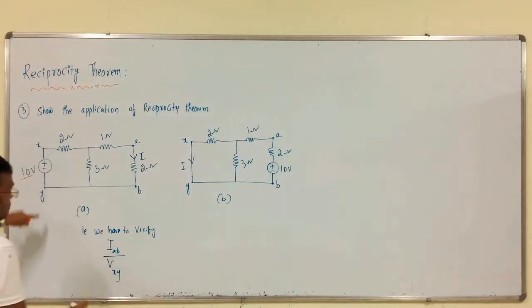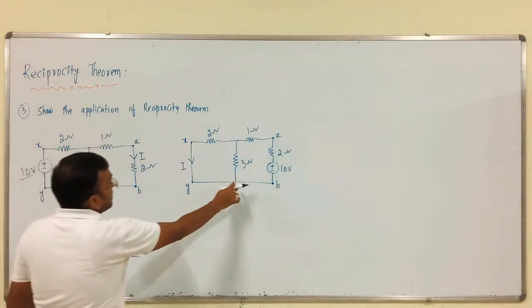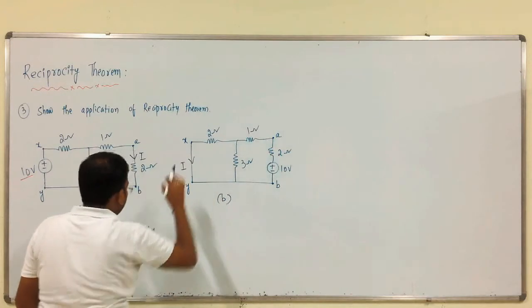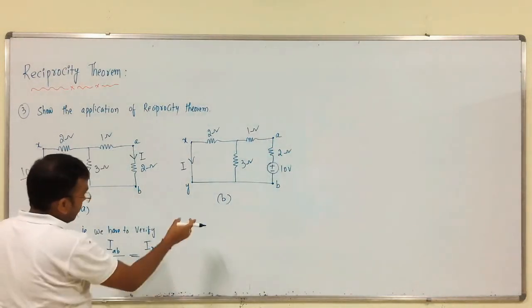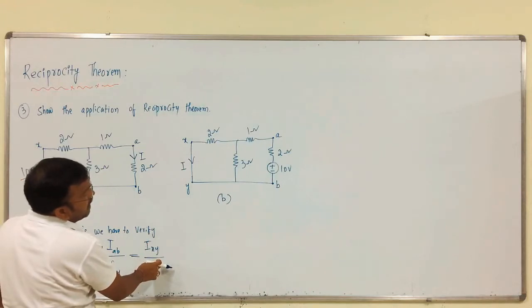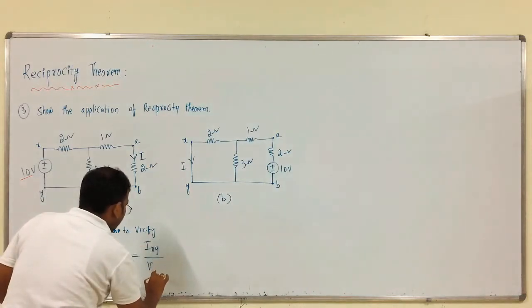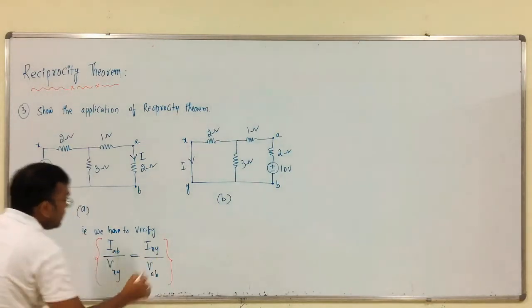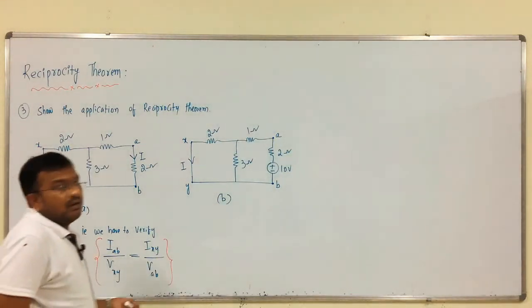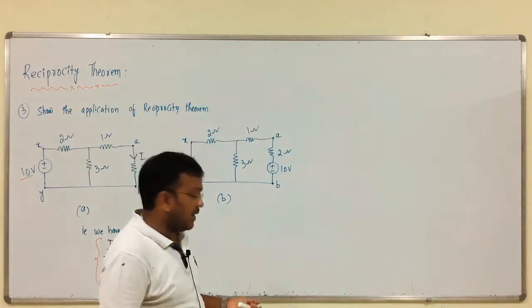Between these two terminals should be equal to Ixy divided by VAB, that is it. If we prove this statement, then verification of the reciprocity theorem is completed.